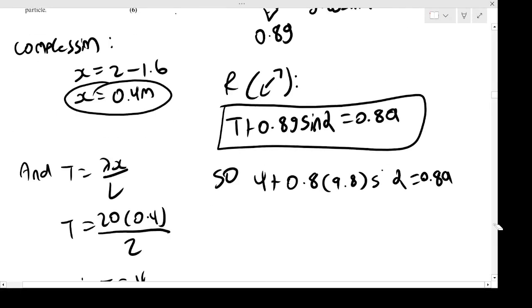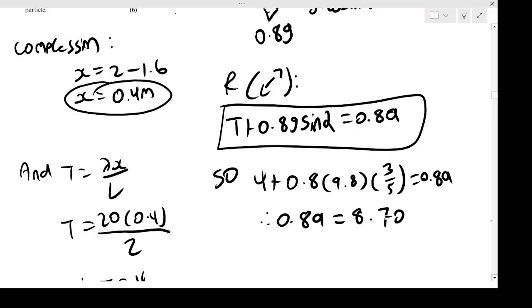So I can multiply here by 3/5. If I simplify all of this, I get 0.8a to be 8.704.